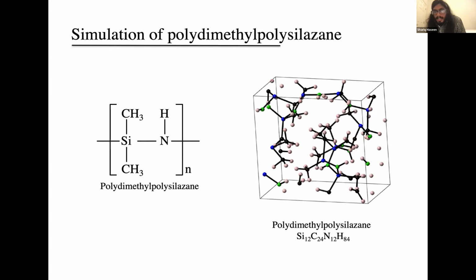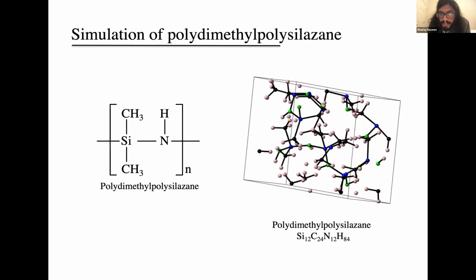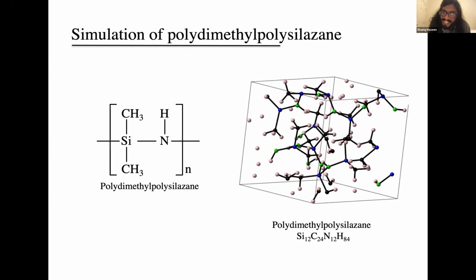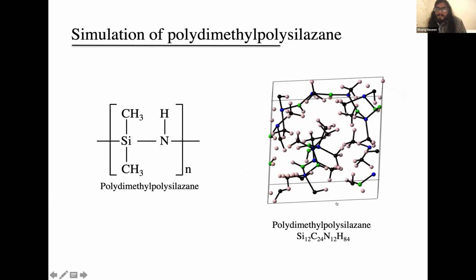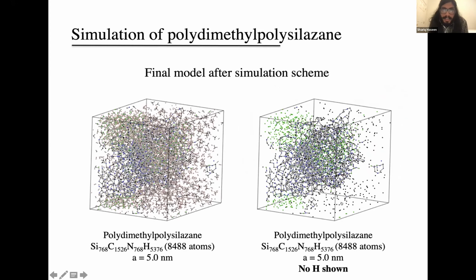We can turn it. Again, with periodic boundary conditions, the polymer is intact, and it may only look a little bit out of sorts. So we go ahead and see the final model after the simulation scheme.